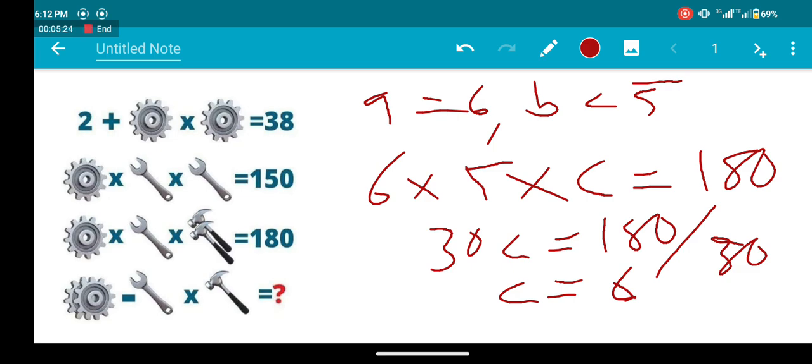180, right? So since we now know that our C is 6, take a closer look at that equation. In that equation, we have two hammers in it. This is why I said that this is going to be testing not just your numerical analysis, but also your observation.